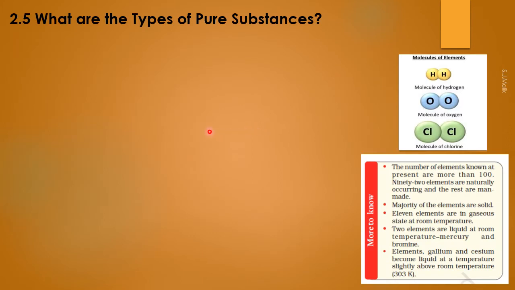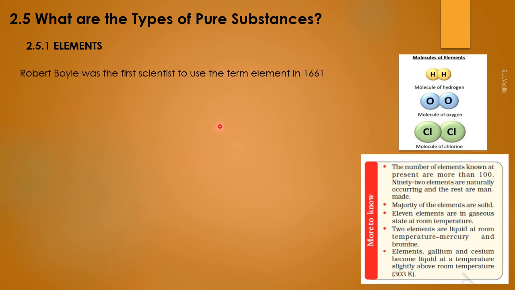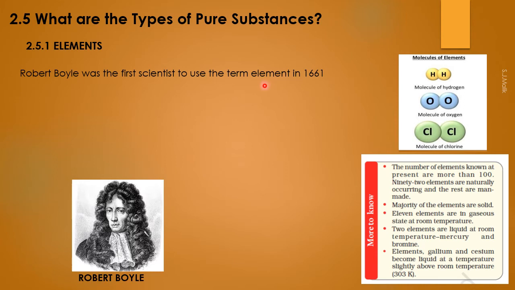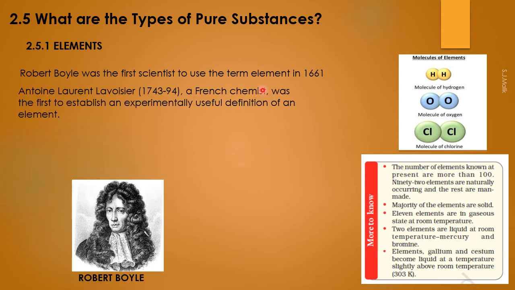What are the types of pure substances? There are two types, number one elements and then compounds. Here we'll learn about elements. Robert Boyle was the first scientist to use the term element in 1661. This is Robert Boyle.